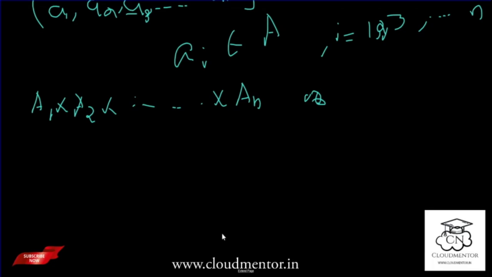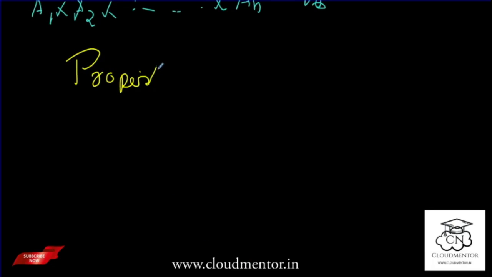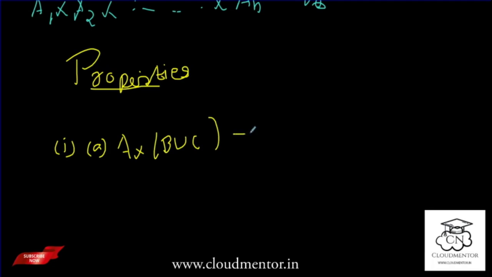Now we need to talk about some properties of the Cartesian product. If A, B, and C are three sets, then we can write A cross (B union C) will be equal to (A cross B) union (A cross C).